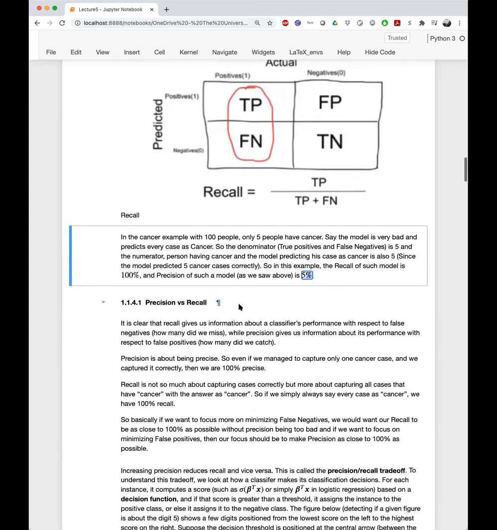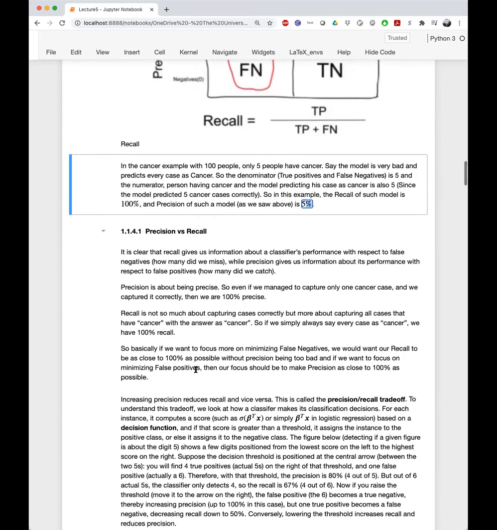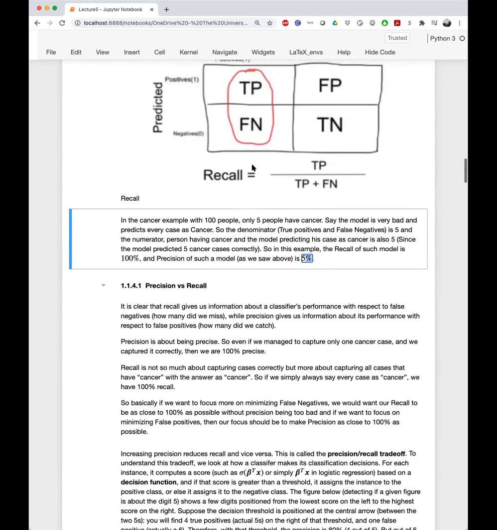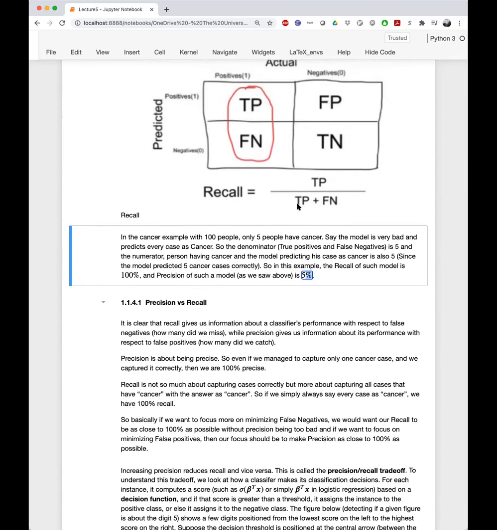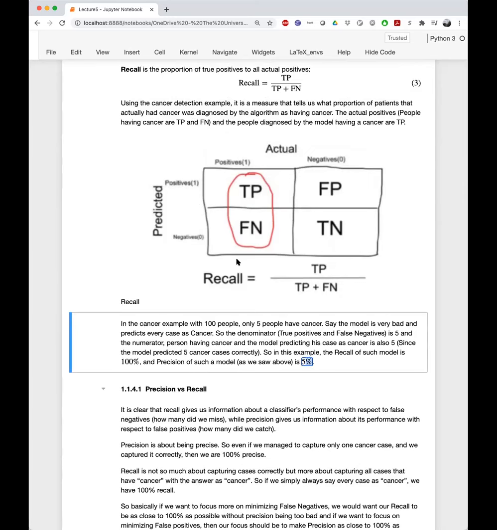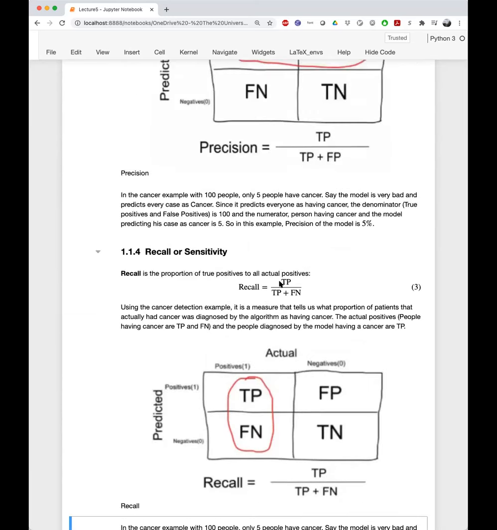Actually, recall and precision move in opposite directions. If you increase precision, it reduces recall, and if you increase recall, it reduces precision. So when you are trying to find a model that has a higher recall, you still need to pay attention to precision. It can't be too low.